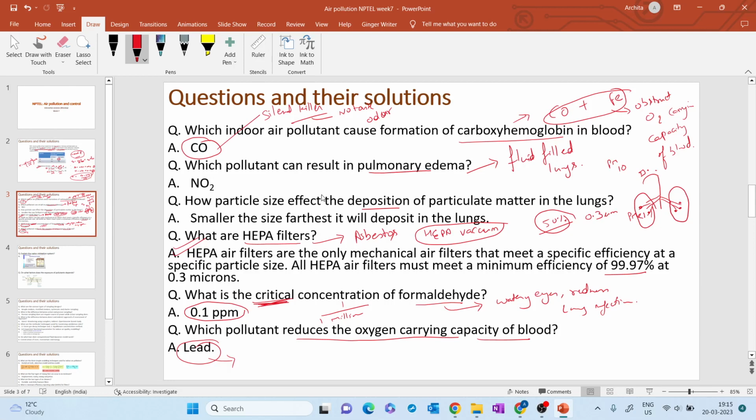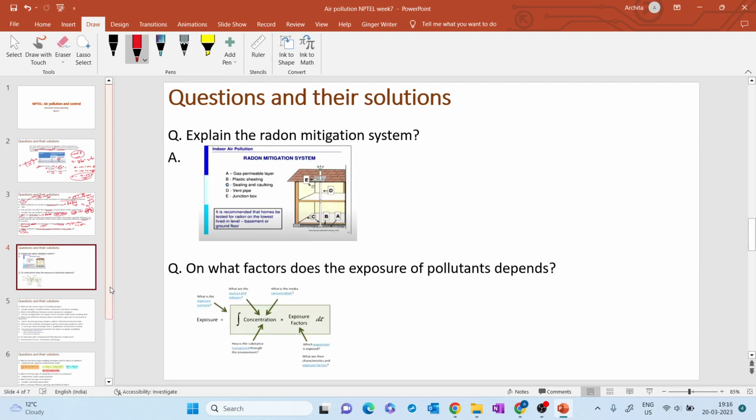If you don't use a proper protective mask when going outside, or even indoors you don't have proper paints or proper ventilation, then lead pollution is really harmful. Okay, let's move.